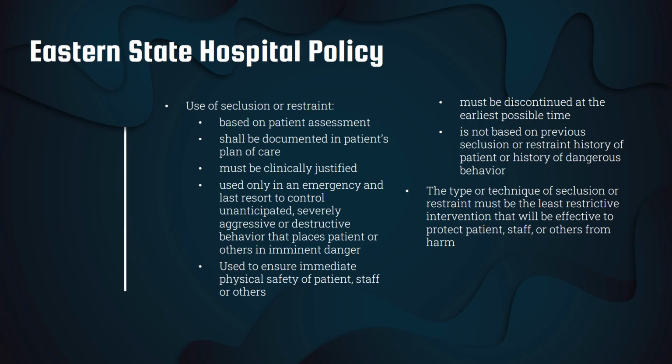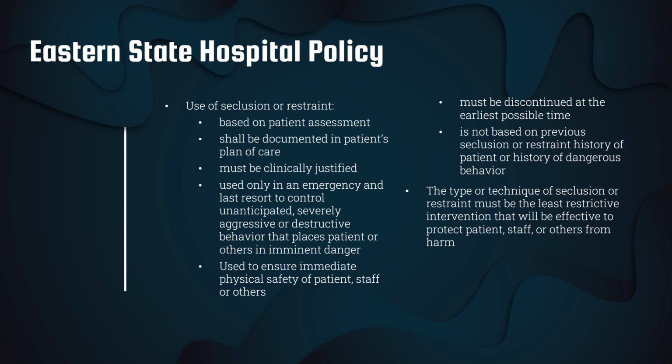Over the next couple slides, we will review the Eastern State Hospital policy on seclusion and restraint. The Eastern State Hospital policy for the use of seclusion or restraint clearly states that utilization of such interventions should be based on the patient assessment in that moment.